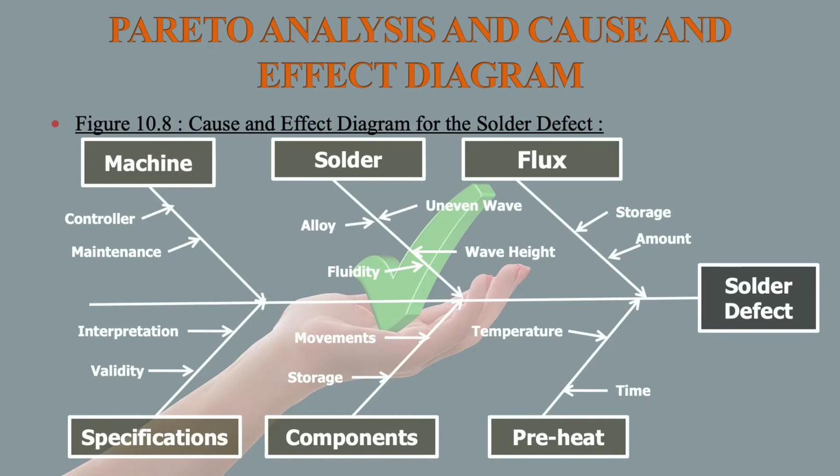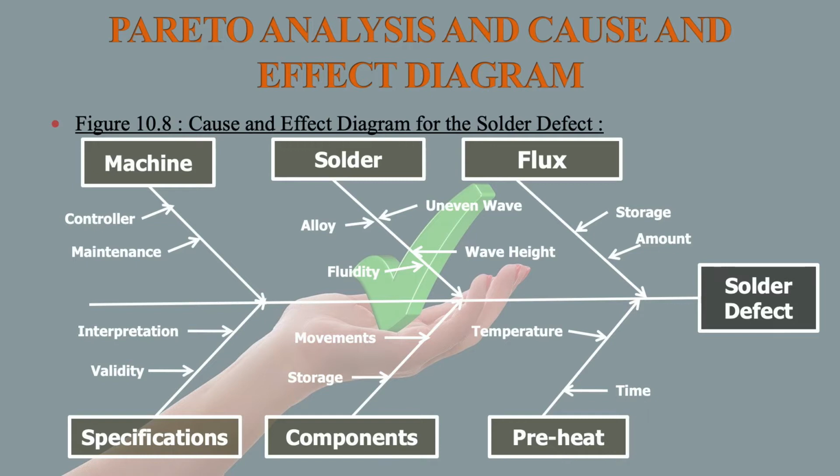So here in figure 10.8, the cause and effect diagram for the solder defect, the problem is solder defect, but the major causes are flux, solder, machine, specifications, components and preheat.